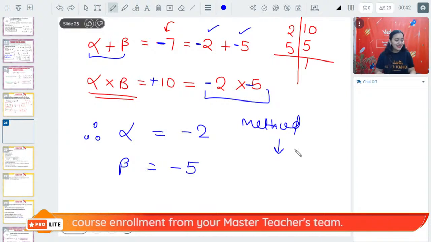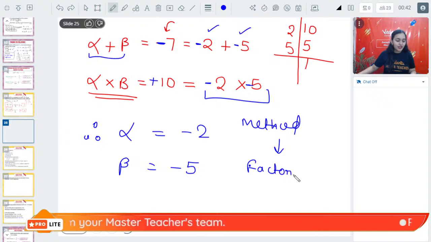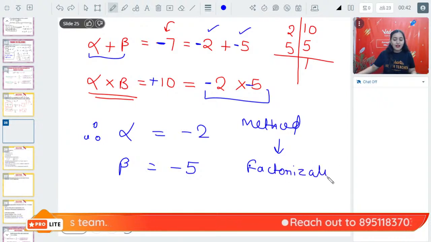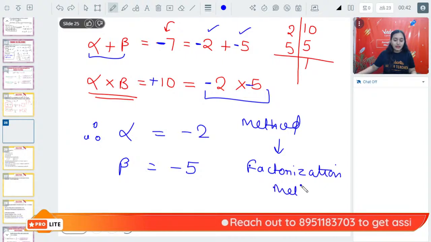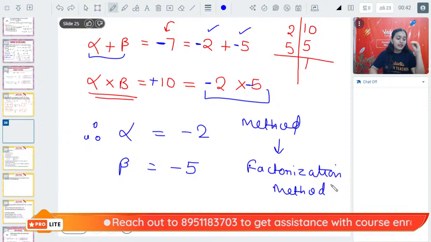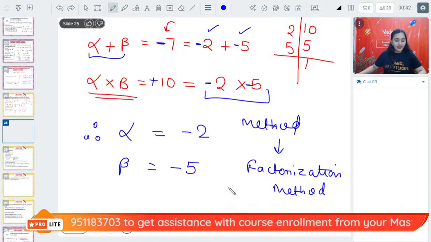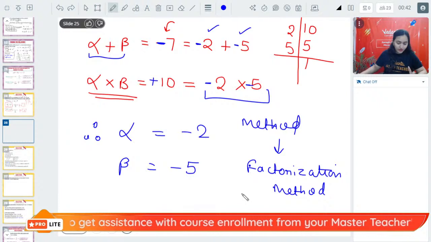Prime factorization method? No. This is called the factorization method. You are half right. Very good, Arushi. So this method is called the factorization method of finding zeros of the polynomial. Splitting the middle term is also another name. Very good. Harshita told it.